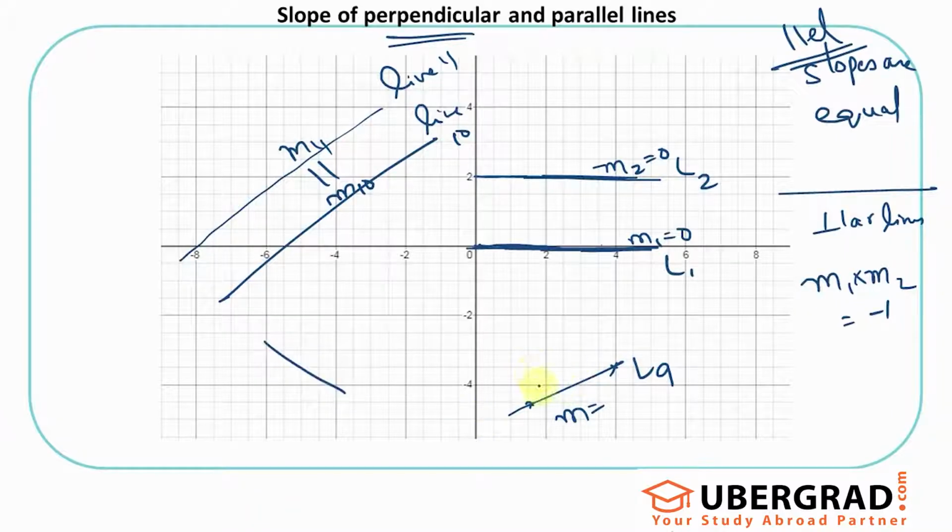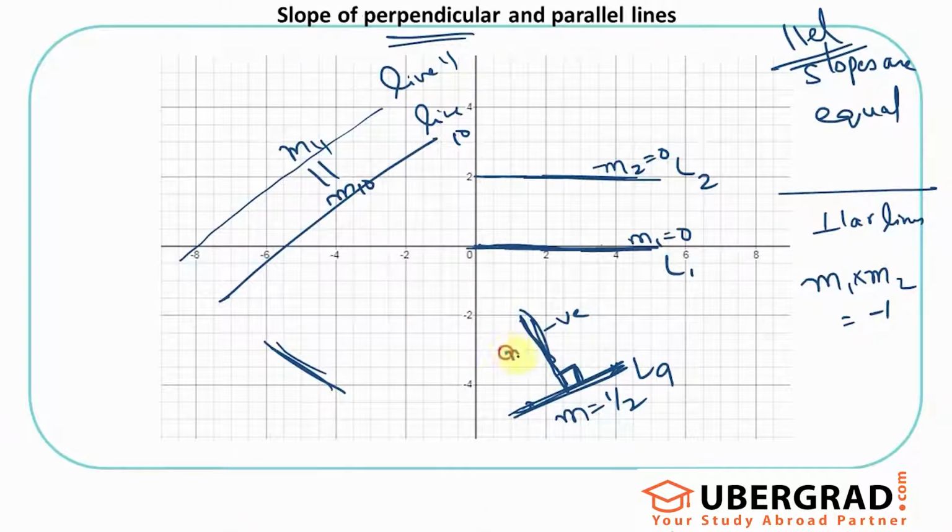Lines like this have negative slope, lines like this have positive slope. So for positive slope, let's just take for example 1 by 2. That's what this one looks like, right? What will be the slope of this line, which is perpendicular to this? As I said, this will automatically have a negative slope. This one is positive and lines like this look negative. So it should have negative.